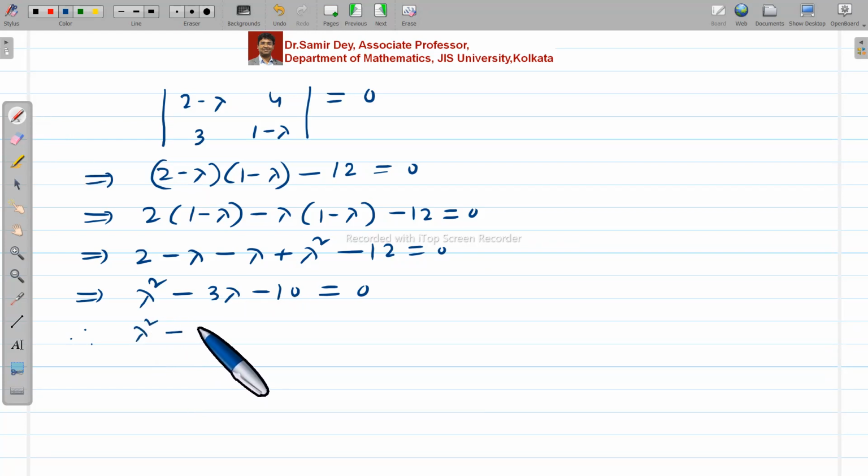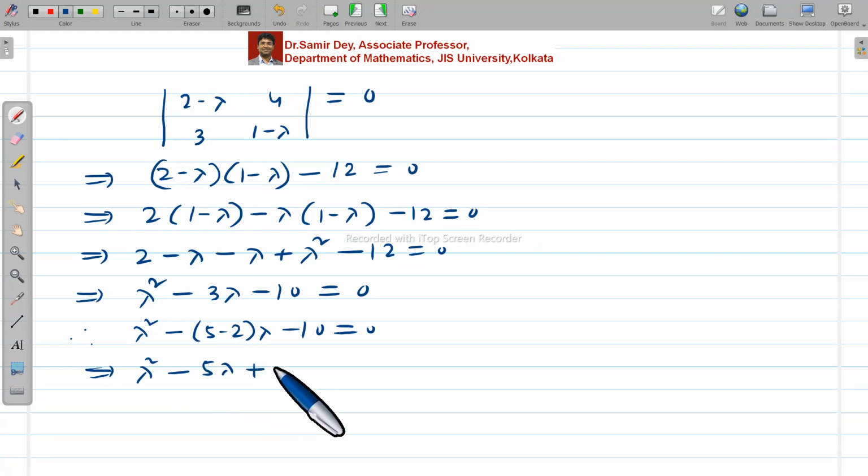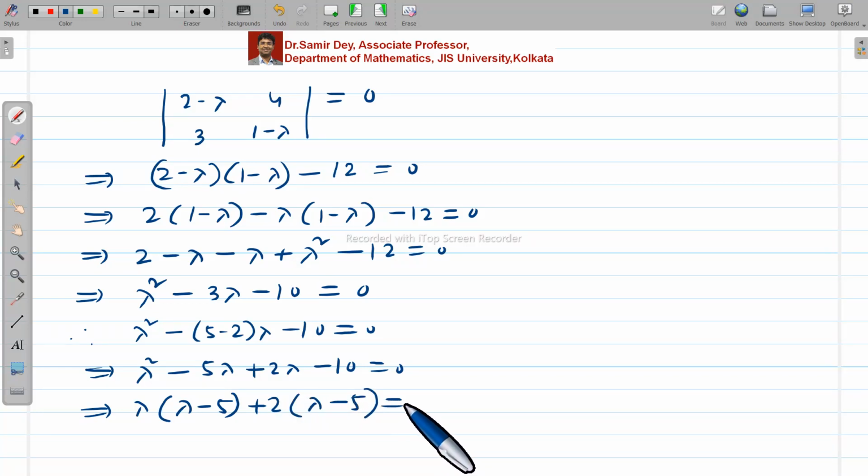So lambda square minus 3 lambda minus 10 equal to 0, which is lambda square minus 5 lambda plus 2 lambda minus 10 equal to 0. So from here we may write lambda common, lambda minus 5, plus 2 common, lambda minus 5, equal to 0. So from here you may write (lambda minus 5)(lambda plus 2) equal to 0.